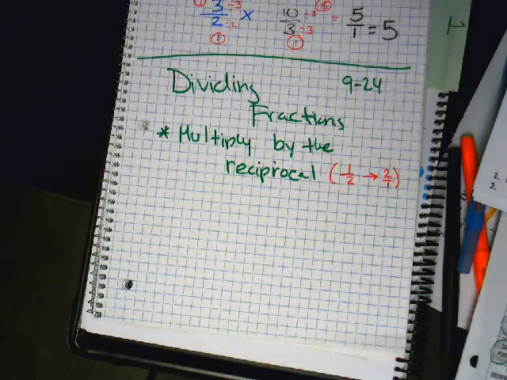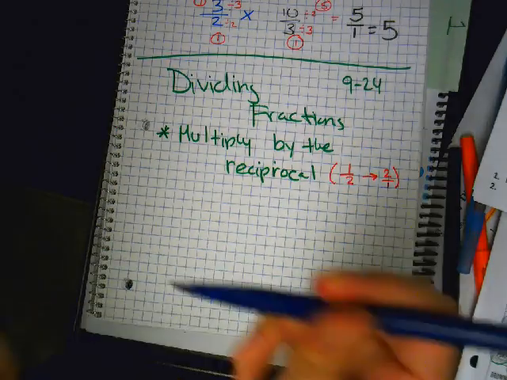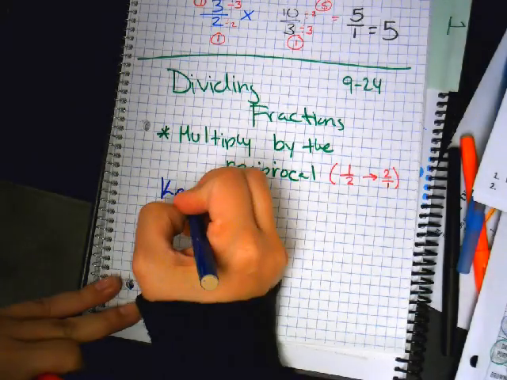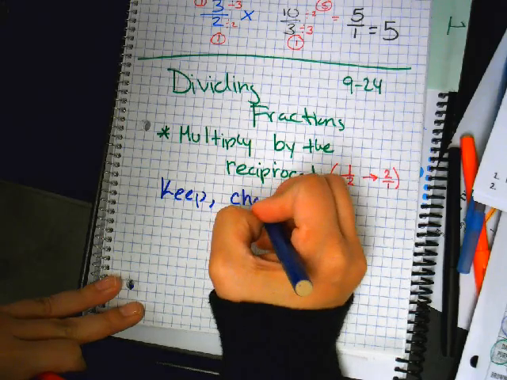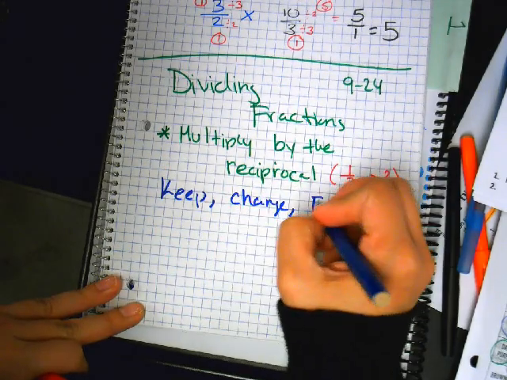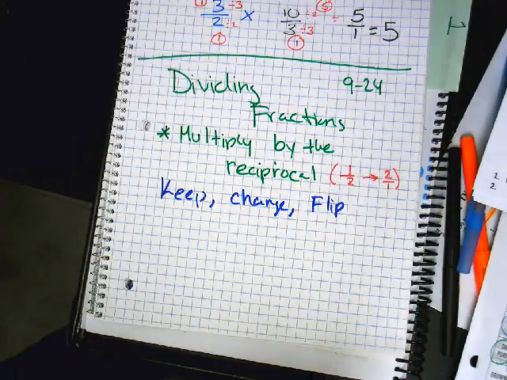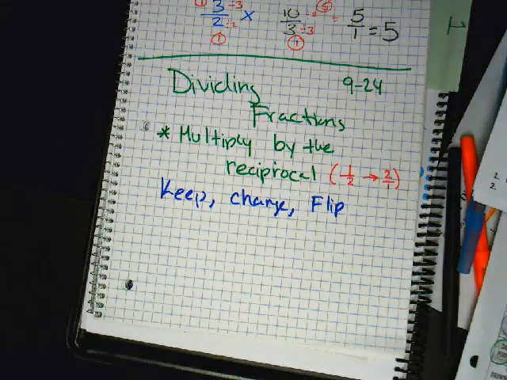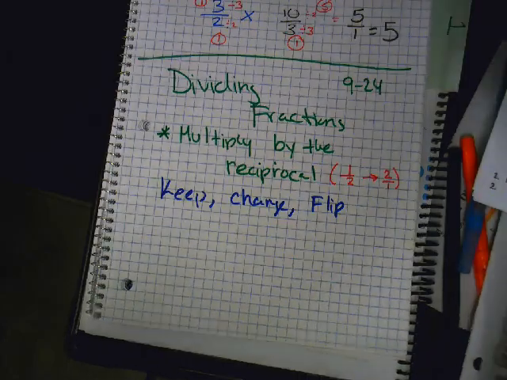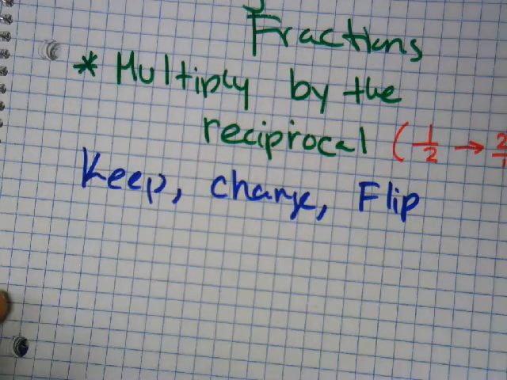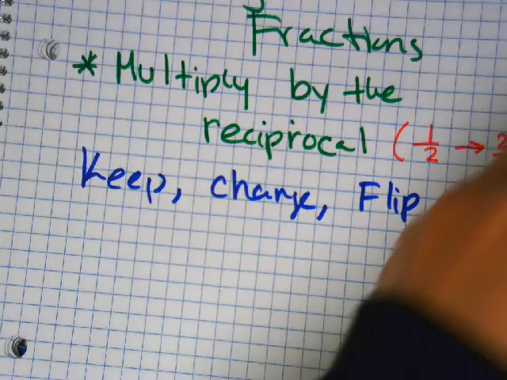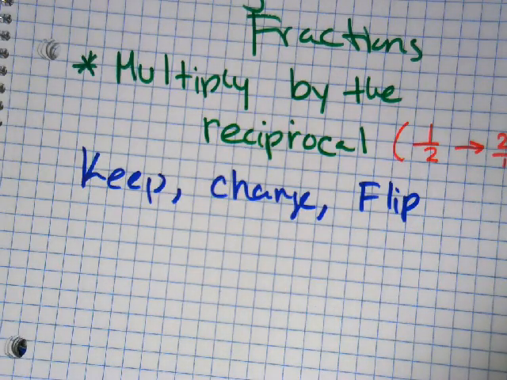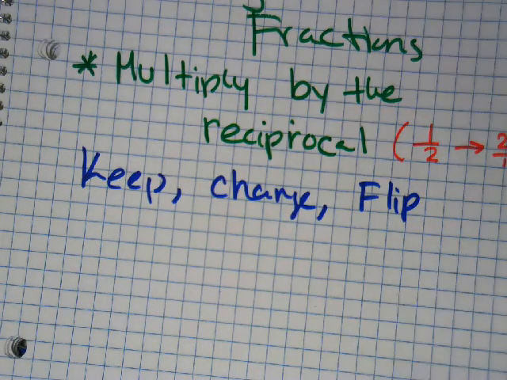Some of your teachers, I included, would teach it as keep, change, flip. Keep, change, flip. What does she hate? Last year she said she doesn't like when people call it keep, change, flip.